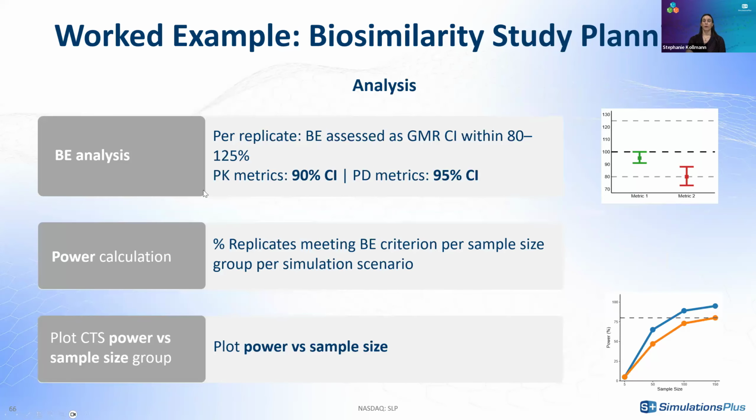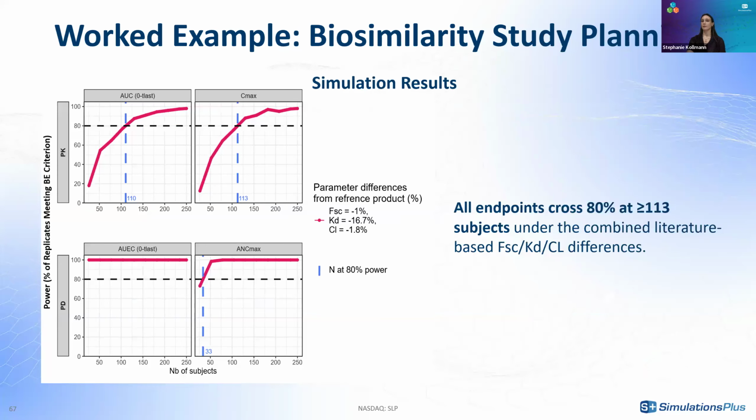Again, per replicate, we conduct a bioequivalence analysis, calculate the power, and plot the power against the sample size batch. So now, based on the given parameter differences applied simultaneously, all endpoints reach 80% power at around 113 subjects under the combined literature-based differences.